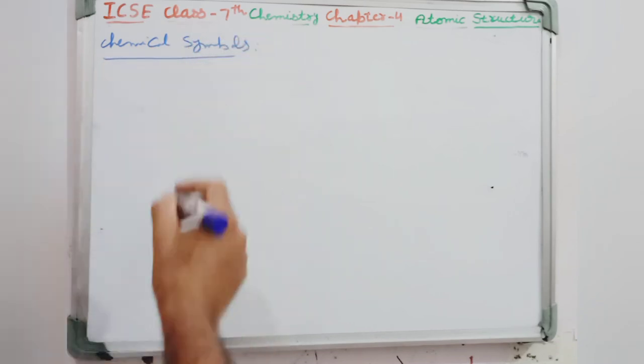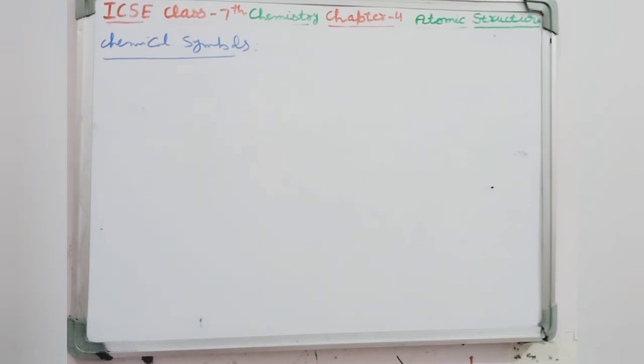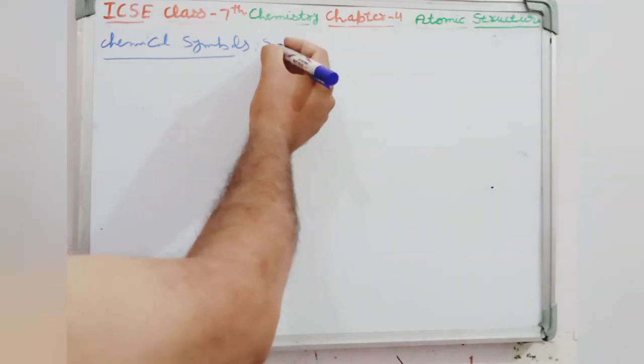Chemical symbols are the symbols we use in chemistry to represent the elements, right?